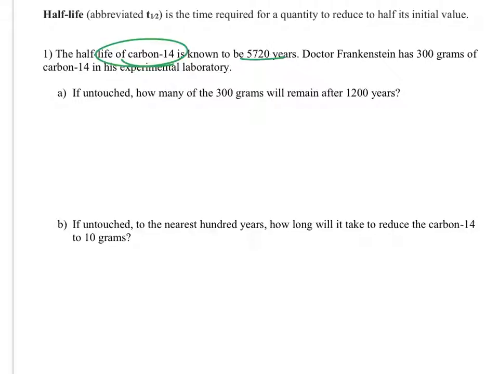So unless something is older than 5,720 years, this really isn't all that useful. So really old things. So let's say Dr. Frankenstein, let's make up a formula for his 300 grams of carbon-14. How much will remain after 1,200 years?